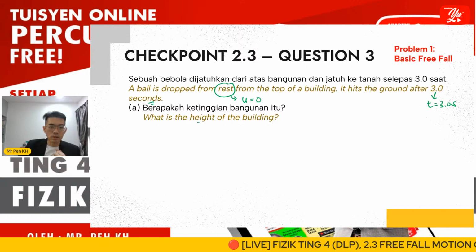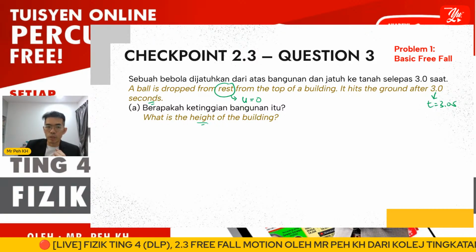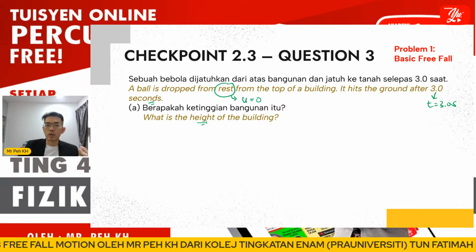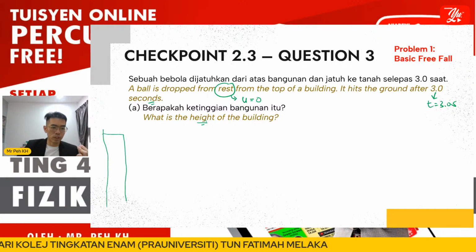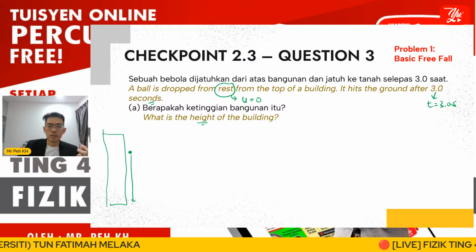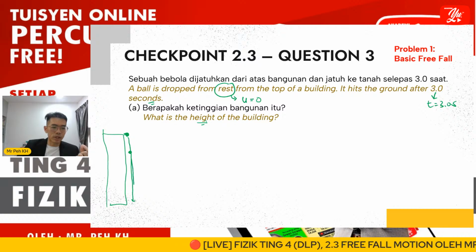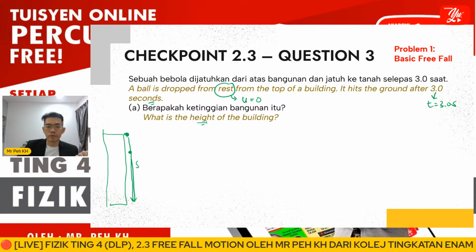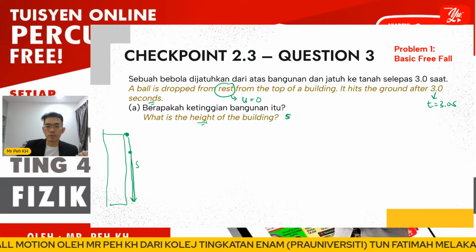Then the question asks you to find the height, that means the object's distance or displacement from the top of the building to the ground. So we try to find the value of s, the moving distance of the object. So the height can use the symbol s here.